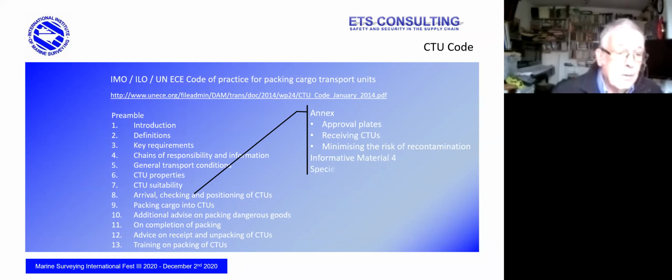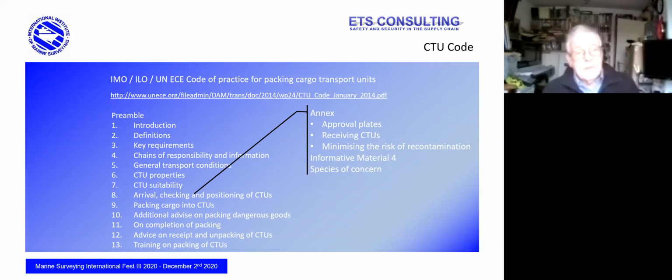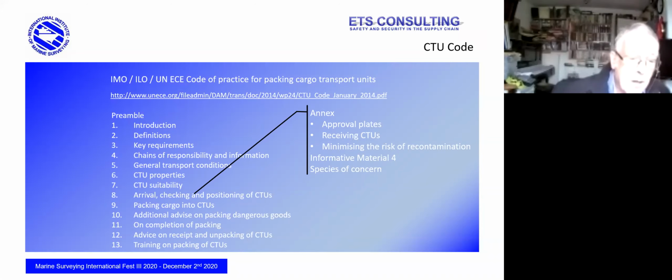On arrival, packing is not just about putting the stuff in the cargo, it's also about taking the stuff out. So when a CTU arrives, people have to check that it is acceptable.